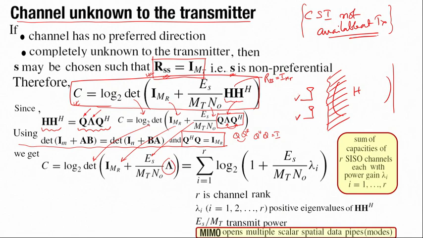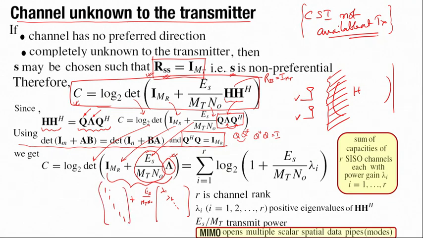So, what you will be getting is log determinant I_MR plus Es by N naught, you will be left with lambda. This entire matrix, as you can see, is a diagonal matrix with constant multiplicative terms. So, I_MR is all ones, and this matrix is Es by MT N naught and lambda 1, lambda 2, and so on.